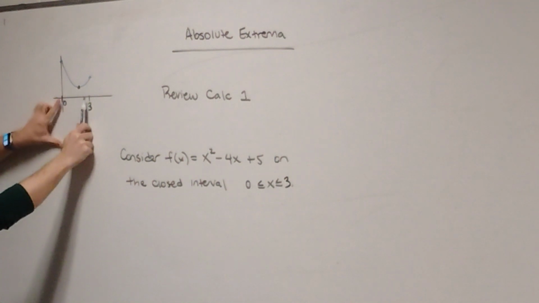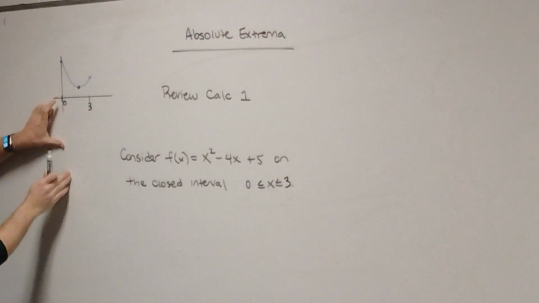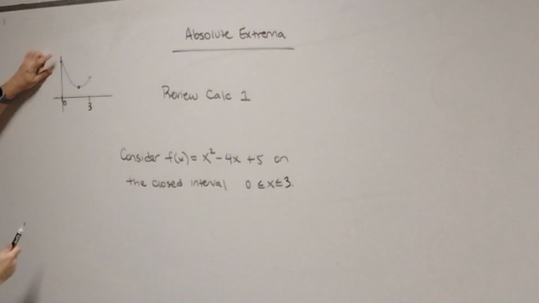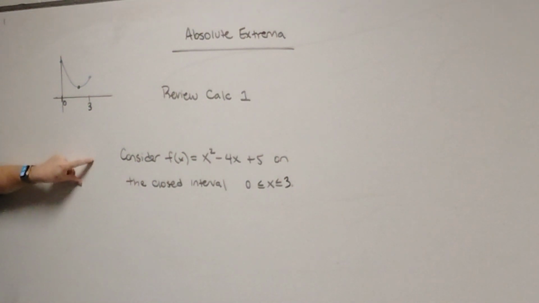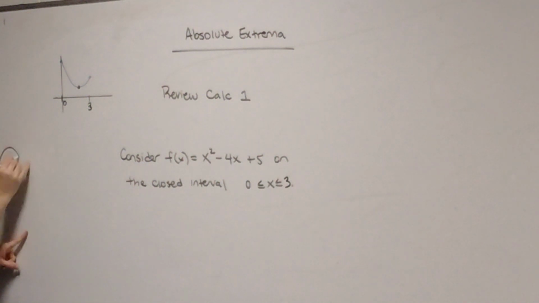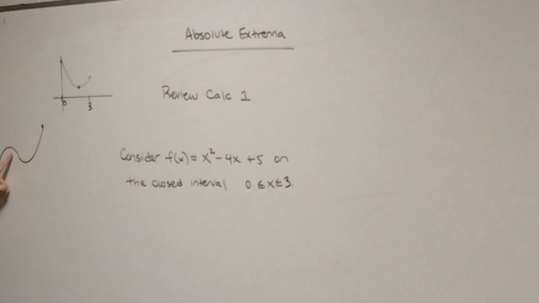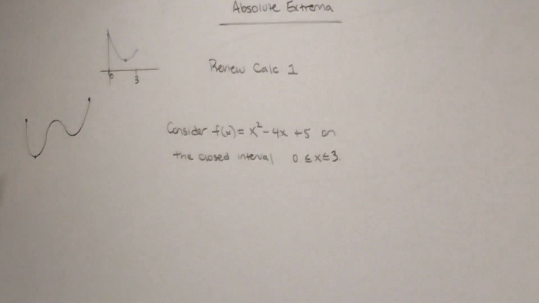But then you also want to check the boundaries, because the boundaries of this function could have the highest point or the lowest point. So for instance, just because you have a local maximum doesn't mean the graph eventually comes up and has one at the boundary over here. And it very easily could be, yes, that maybe your relative minimum is your absolute minimum. So it's still just a candidate.